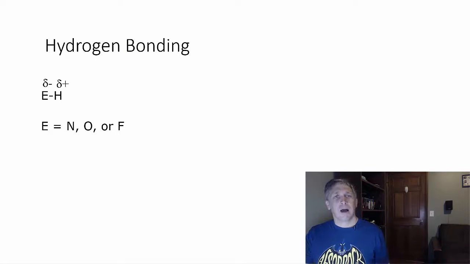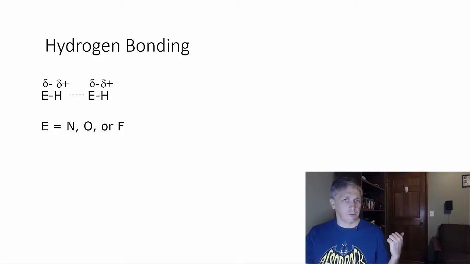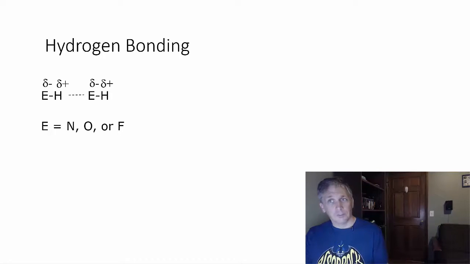You're looking for a hydrogen bonded to a nitrogen, oxygen, or fluorine. Those types of hydrogens can be attracted to the N, O, or F of another molecule. And if you look, it's pretty much the same kind of interaction as the hydrogen chloride we saw a minute ago. Positive of one molecule attracted to the negative of another. But like I said, this interaction is seen to be significantly stronger than other types of molecules.